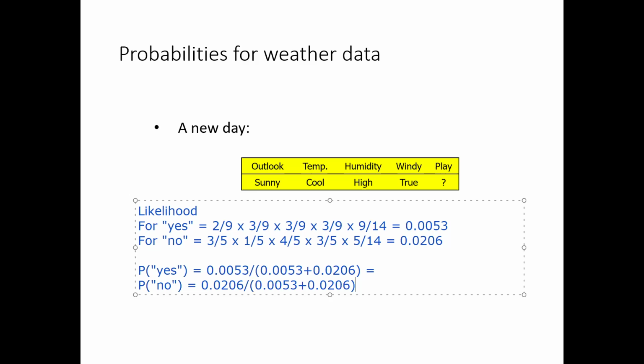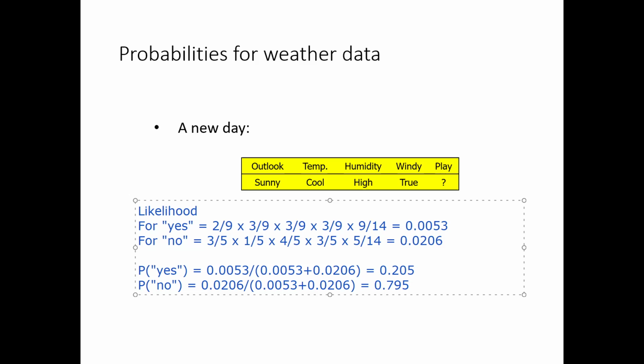So what are the values? Can you do the calculation and let me know? If you solve correctly, this one will be 0.205 and this is 0.795, and if you add them, they add up to 1.